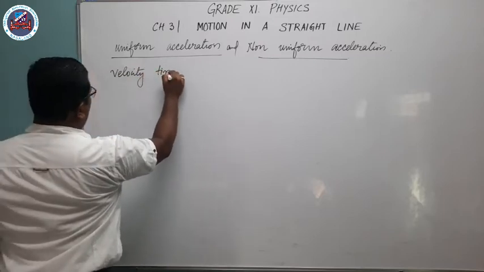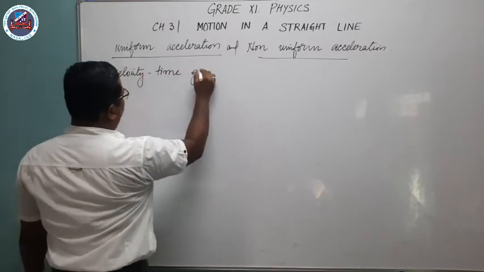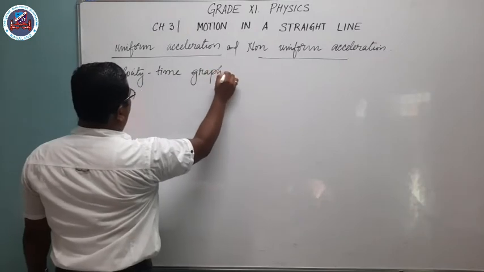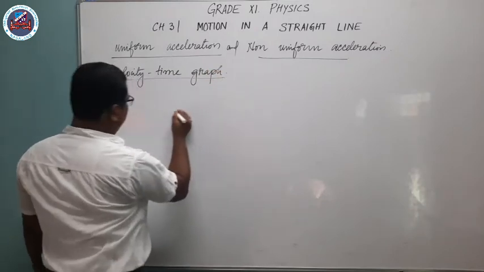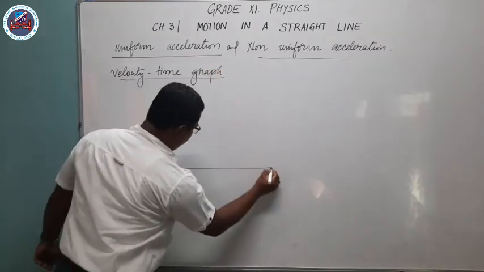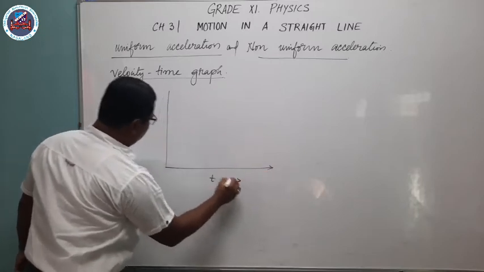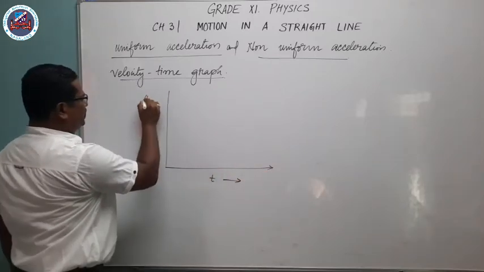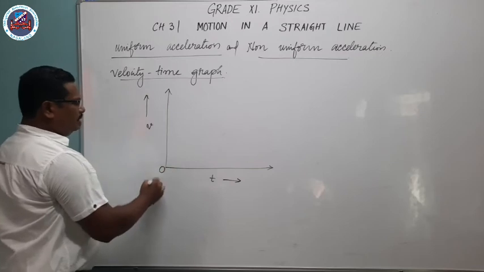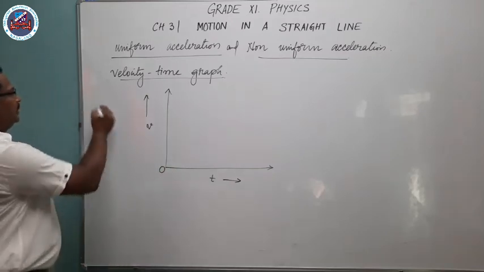A graph that relates time and velocity, with time along the x-axis and velocity along the y-axis, we call a velocity time graph. The first one, let us see.